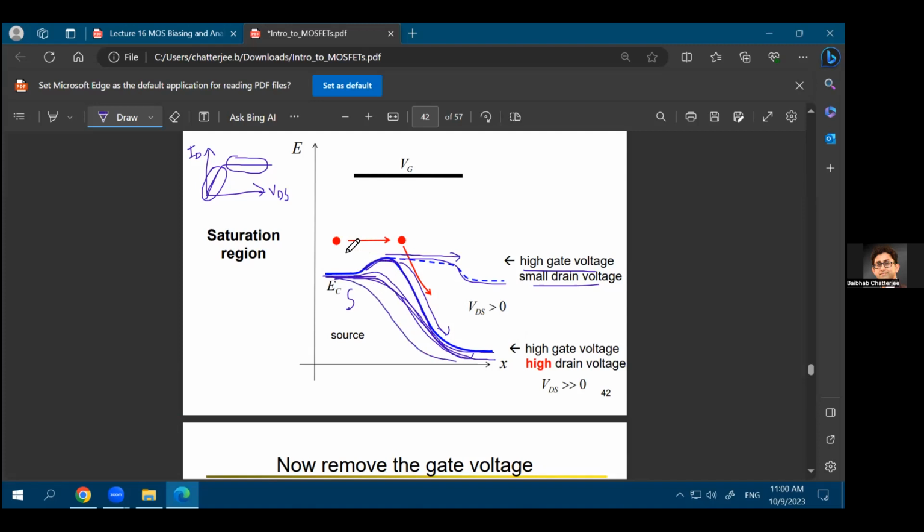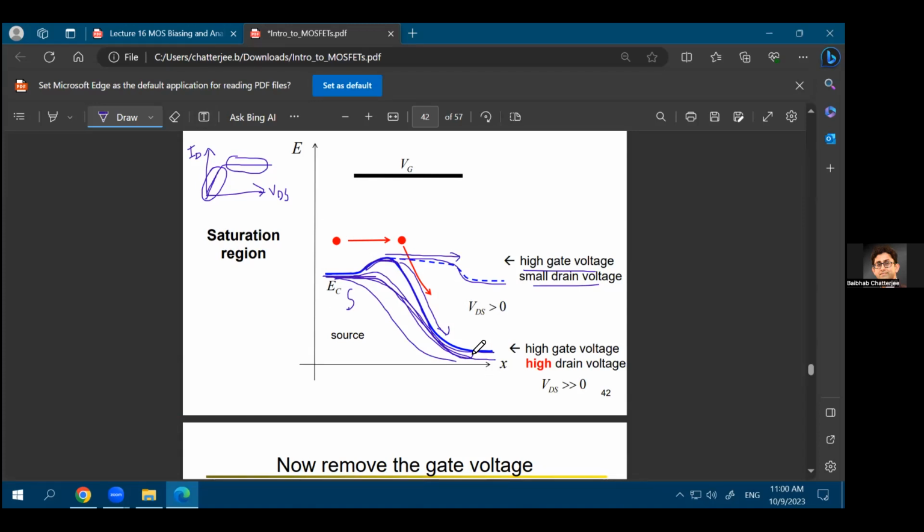In both cases, it will be saturated by the number of electrons that you have in the source region. As you have a number of electrons in the source, all the electrons, or all the balls, can roll through this slope and be delivered at the right hand side.